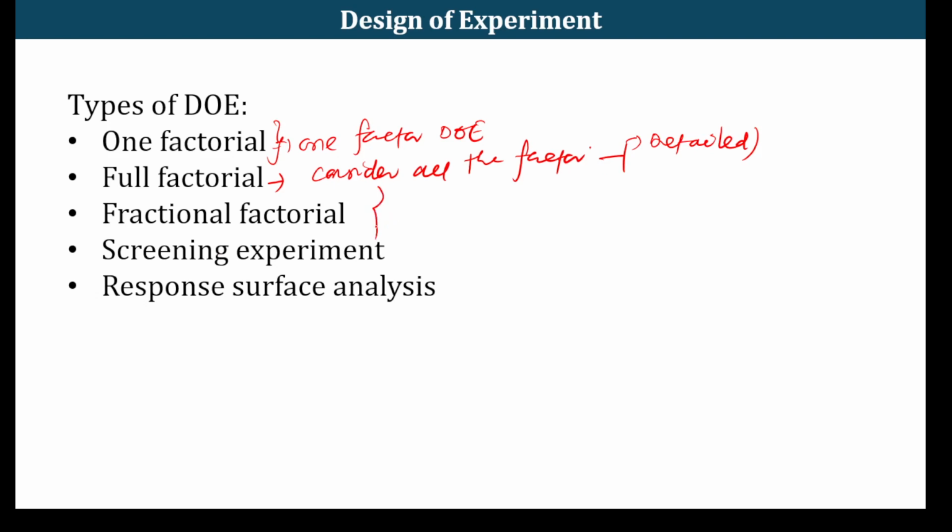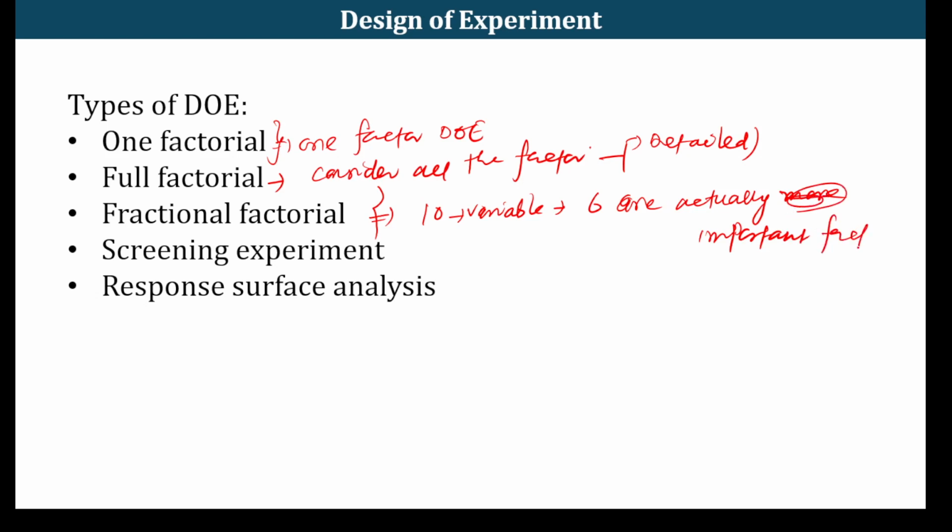What about the fractional factorial design of experiment? Let's say sometimes we are doing an experiment with 10 variables. Of those 10 variables, six are the more important factors.